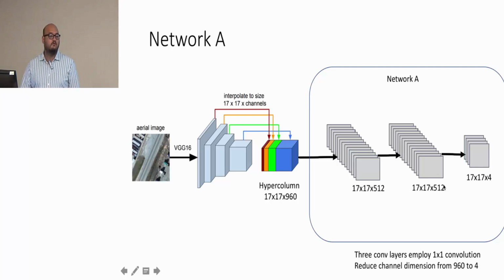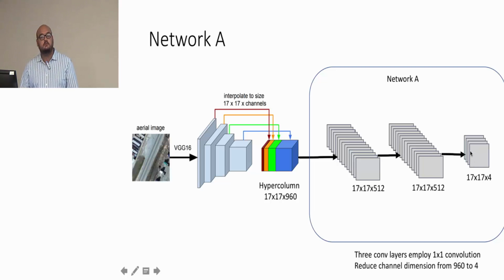Then once again 512 kernels of receptive field 1 by 1 are applied to these 512 activations, and we again get 512 activations of size 17 by 17. Finally 4 kernels of 1 by 1 receptive field are applied to these 512 activations, and we get 17 by 17 by 4.